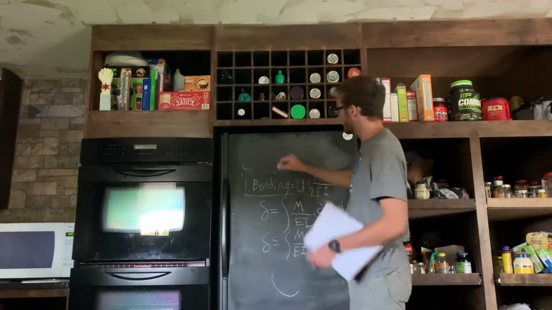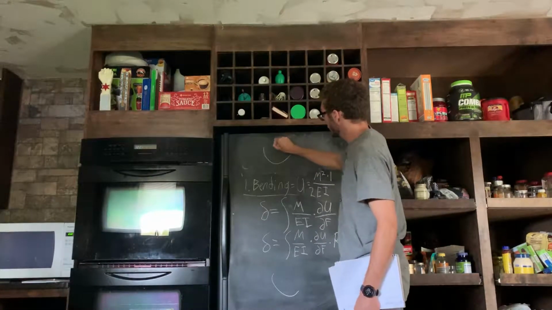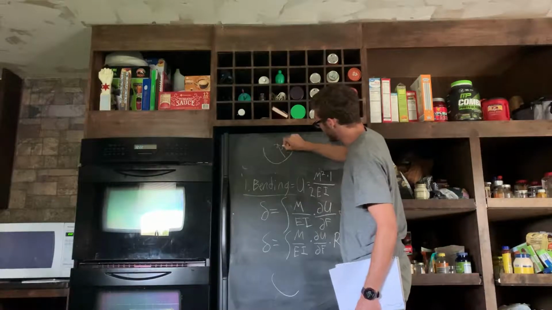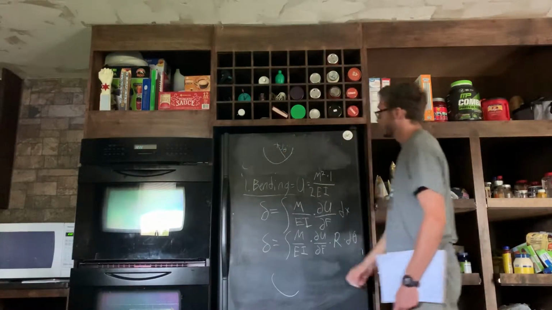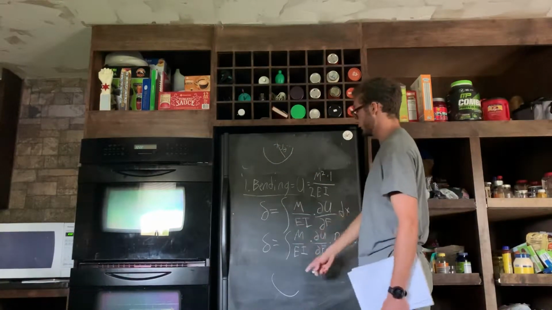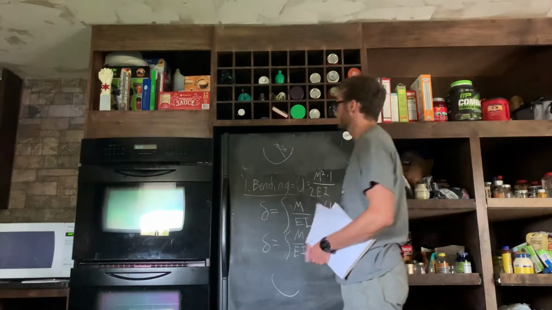Any beam that has a curve would have an angle theta, and usually it's 0 to pi, or 0 to pi over 2, or 0 to pi over 4.